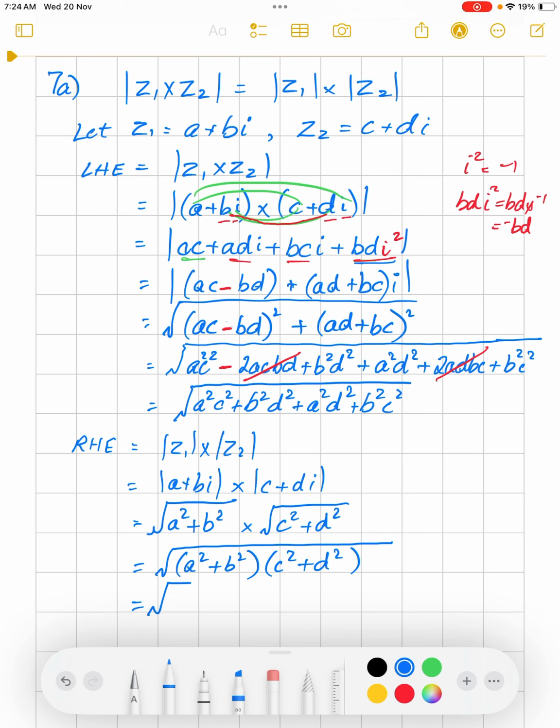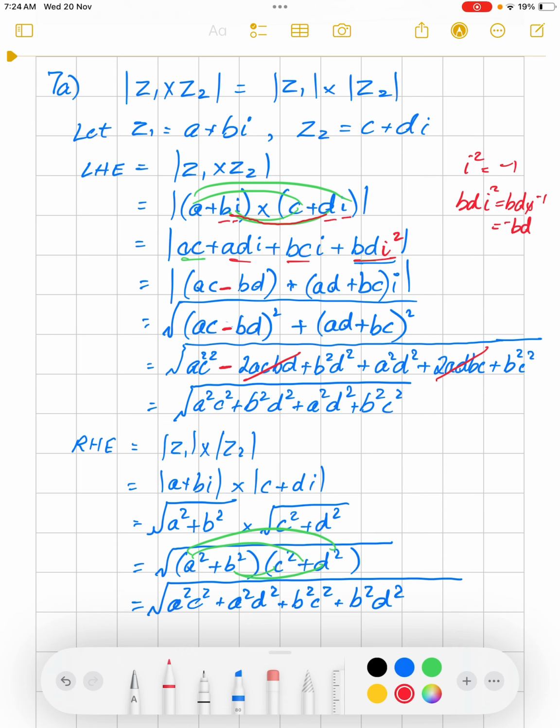Let's expand that, see if we get the same thing. And we get a squared c squared, a squared d squared, b squared c squared, b squared d squared.